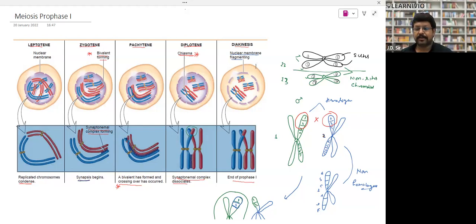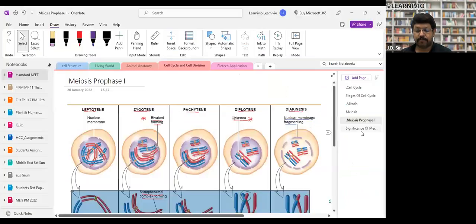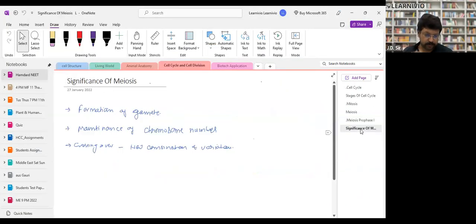So the next thing is, please write it down. Significance of meiosis. Write it in bullet form, because you can get this as a 2-marker or 3-marker question. What is the significance of meiosis? So please write down.